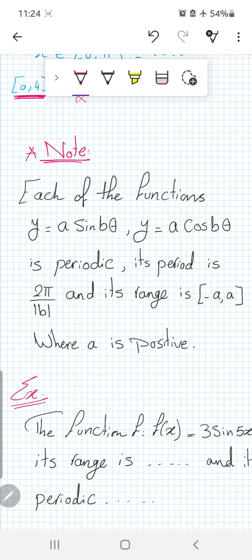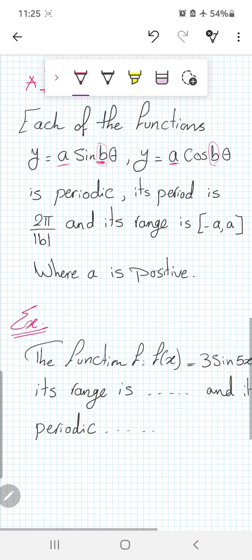Here we have to note that each of the functions y equals a sine b theta and y equals a cosine b theta has a coefficient of theta. So the period is 2 pi over the absolute value of b, and its range, as we said, is from negative a to a.